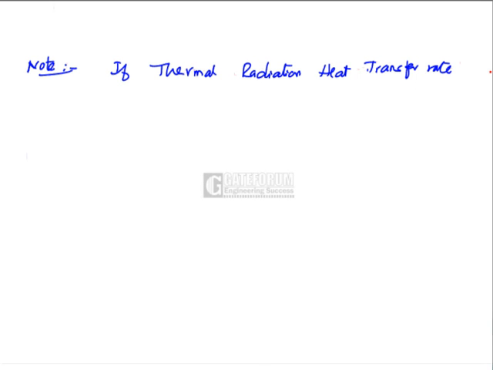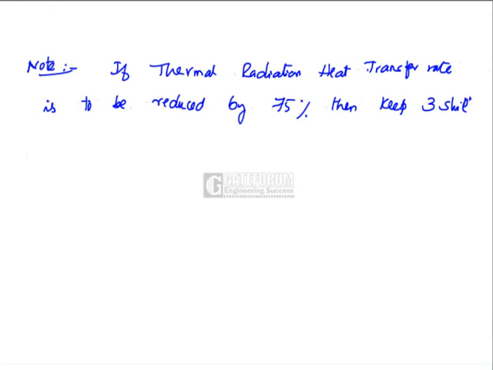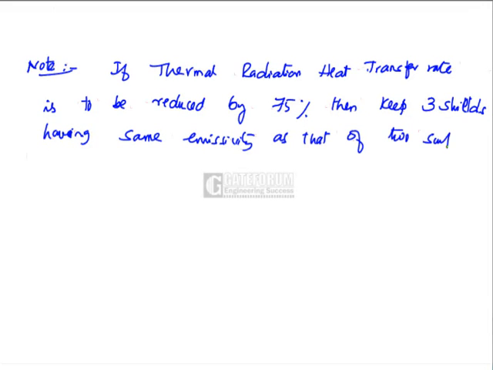The note here is, if the thermal radiation heat transfer rate is to be reduced by 75%, then keep three shields having the same emissivity as that of the two surfaces exchanging heat.